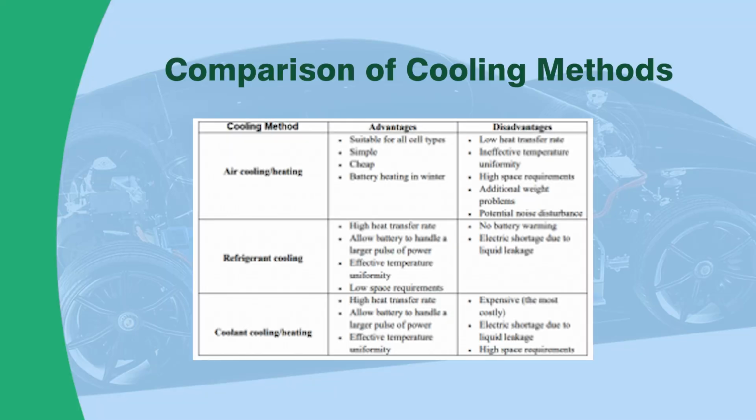Similarly, the other one, which is using these heat pipes or the phase change materials, is equally good when compared to the other two and more effective. However, we need to go with an extra arrangement of heat pipe and heat sink in case of heat pipes, or you need to go with an extra material, which is called the phase change material, along the battery pack, which will increase your cost.